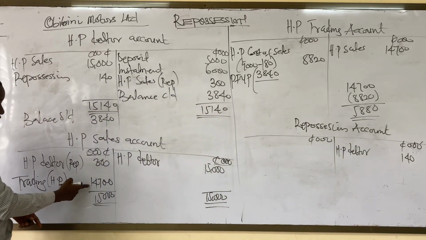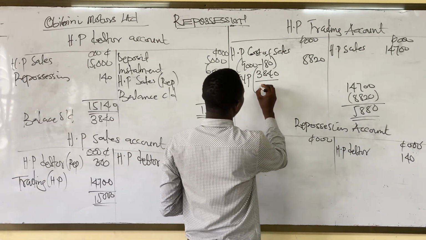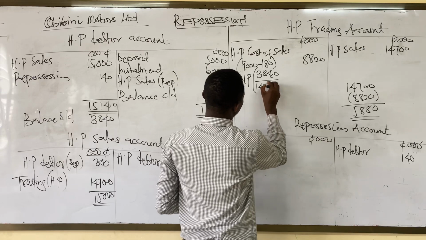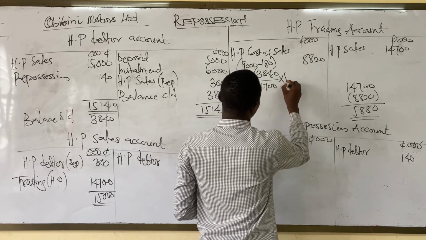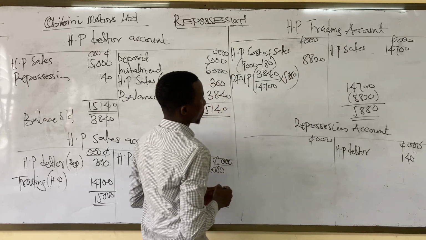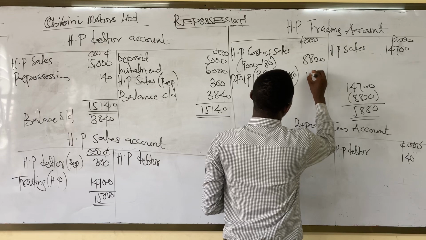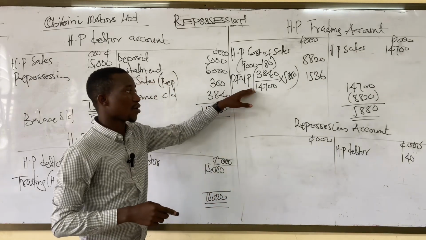So the sales balance becomes 14,700. So 14,700 we multiply by the gross profit of 5,880. Is that okay? And this will give us 1,536 as the provision for unrealized profit.